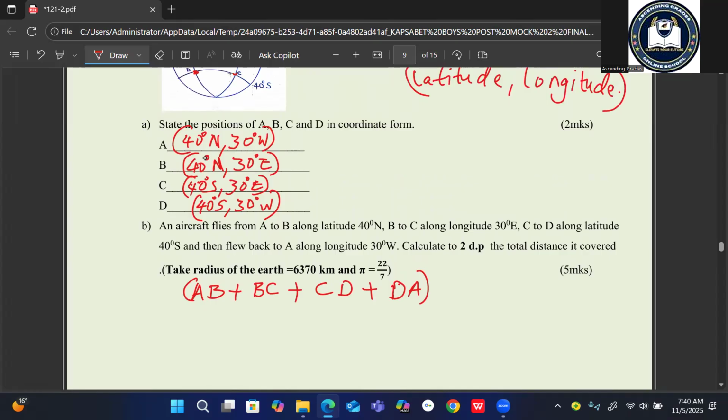So A to B, they share the same latitude, but the difference in longitude will be 60 degrees.